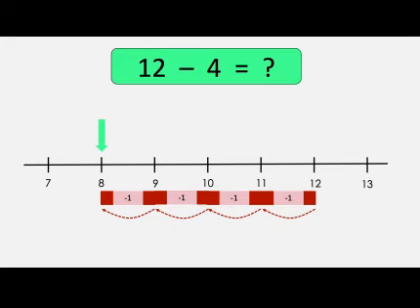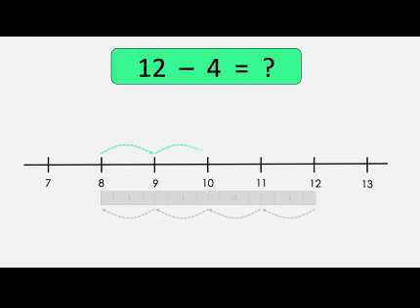We land on 8. We can check this answer by using our learning of addition. What is 8 added to 4? Or 8 plus 4? Did you get the answer? Yes, it's 12. What do we learn from this? Subtraction is the opposite of addition, and we can use addition to check our subtraction.